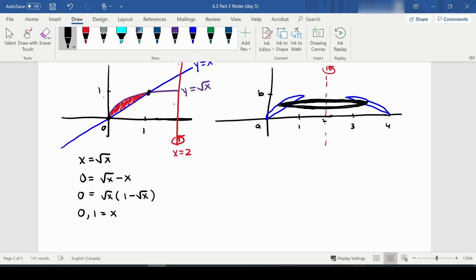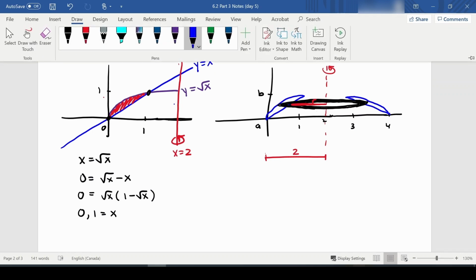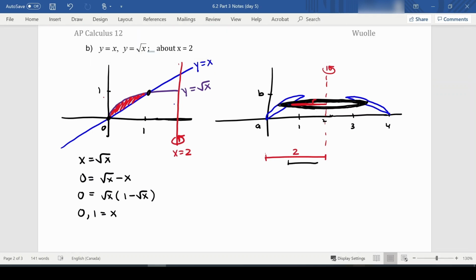Our inner radius, little r, extends from y equals x out to 2. My entire distance here is 2, my inner radius is this distance here, and this distance here is y equals x. So our inner radius is 2 minus y.